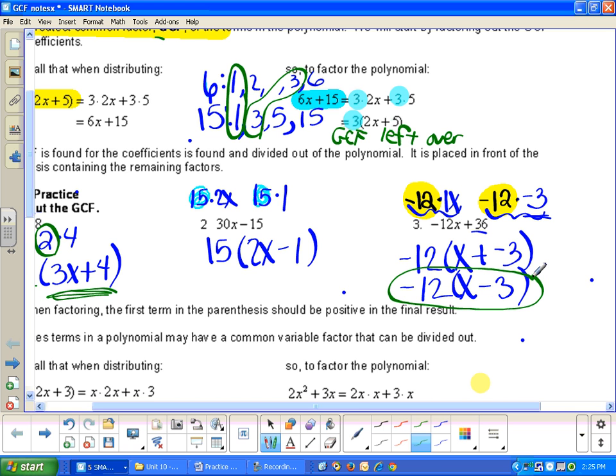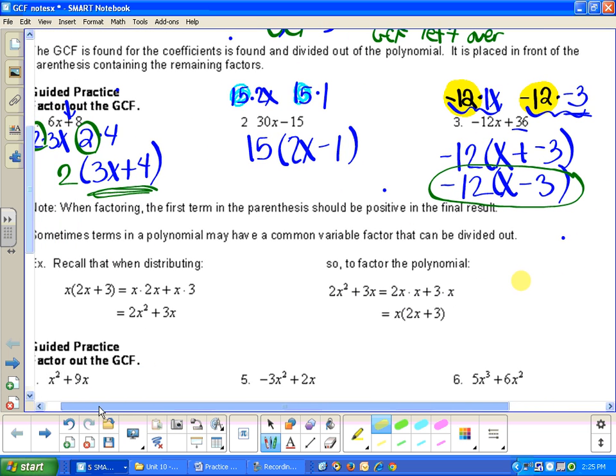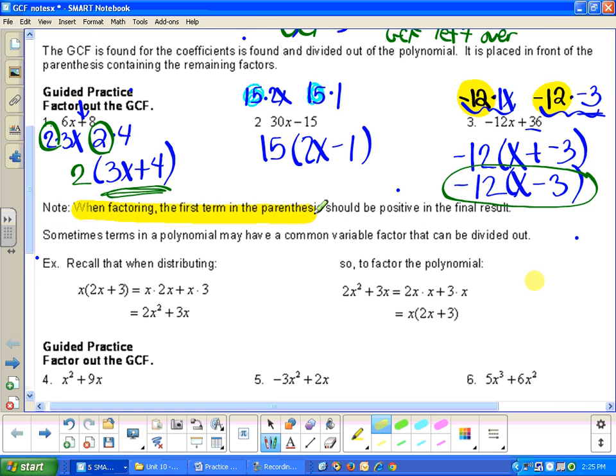And that's what this tells you right here: when factoring, the first term in parentheses should be positive. Sometimes when we factor this out, notice it changed the sign inside. To factor this out, it had to become negative.